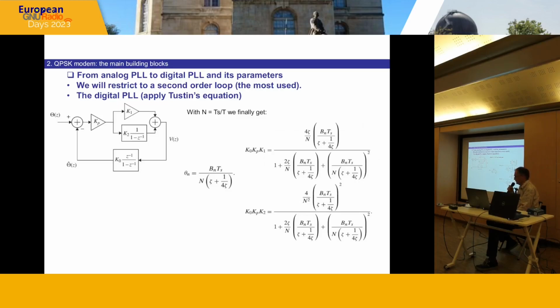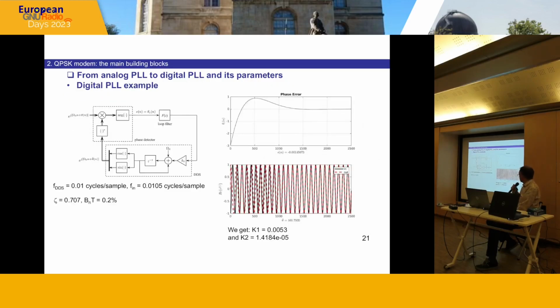He's got a chapter on that, and it's really nice the way it's presented. So I tried, again with MATLAB, to implement a loop like that. I generated a sine with not exactly the same frequency the loop was supposed to lock on, and I was able to try with the constant I calculated to see the phase error and to be in lock.